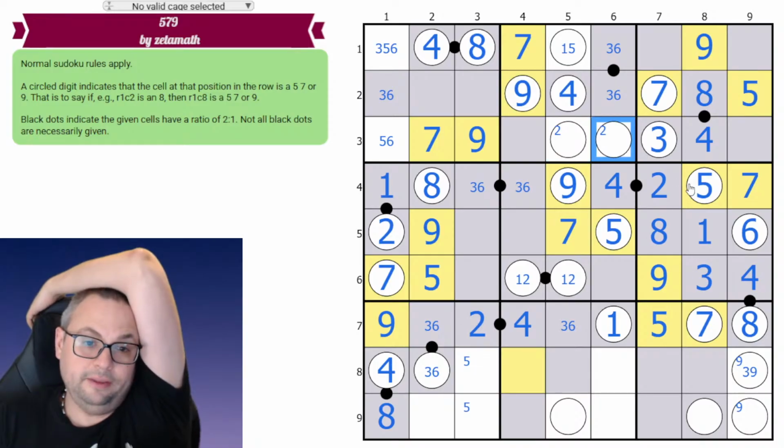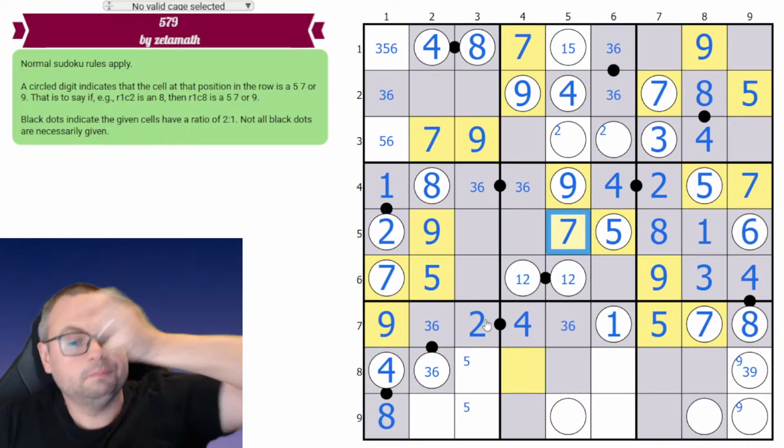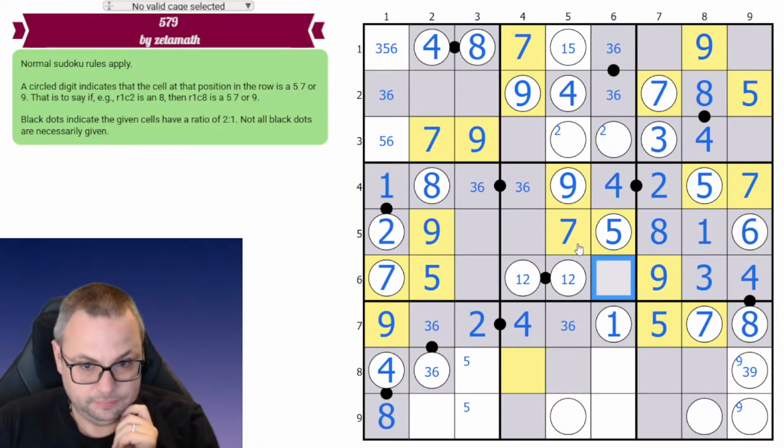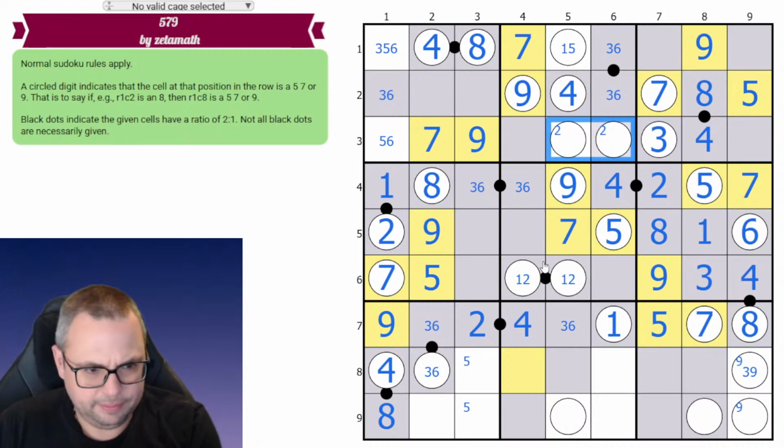Well, it can't be in the 6th place, is I guess the point, right? This 3, 6 tells me this cell's definitely gray, because I already have a 3 over there. So we've got a 2, a 3, and then a 1 or a 5, I believe.